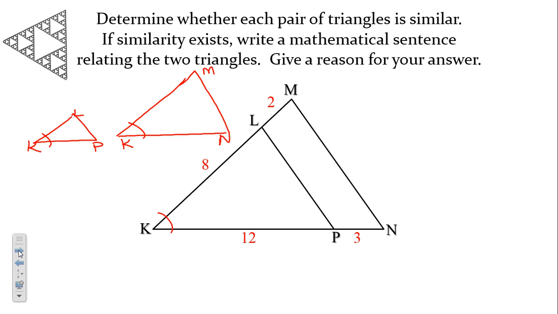So how long was KL? 8. How long is KM? 10. How long is KP? And how long is KN? So let's make sure the proportions work out. Okay? Small to big, big to small, doesn't matter as long as we're consistent. Yep, see if 12 over 15 is equal to 8 over 10. This reduces to 0.8.